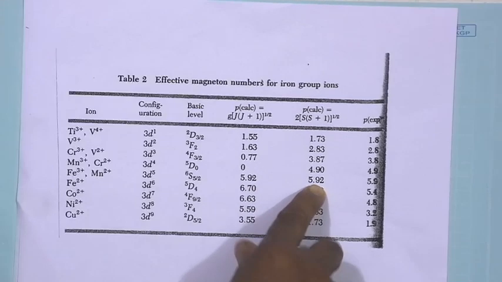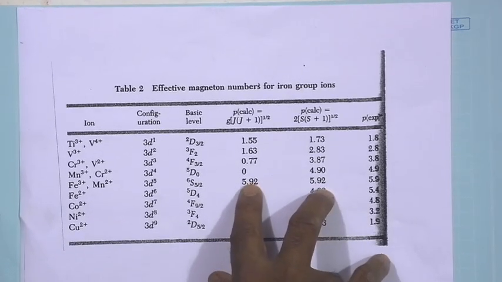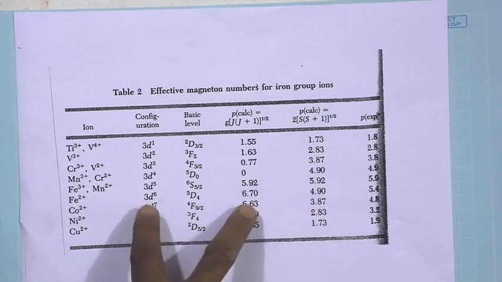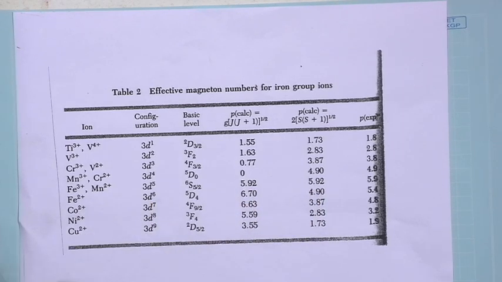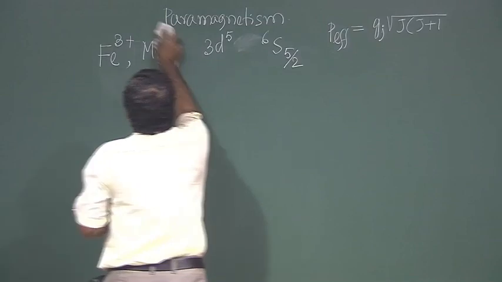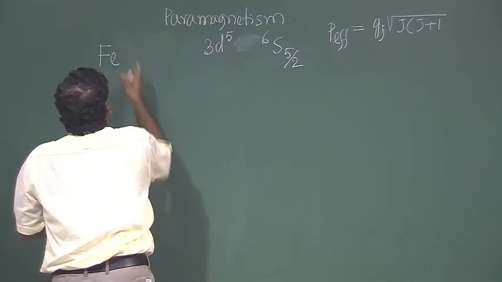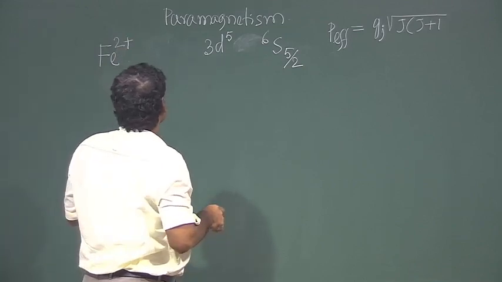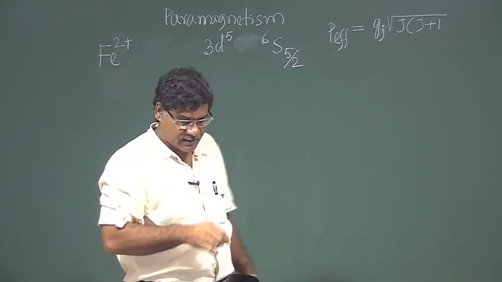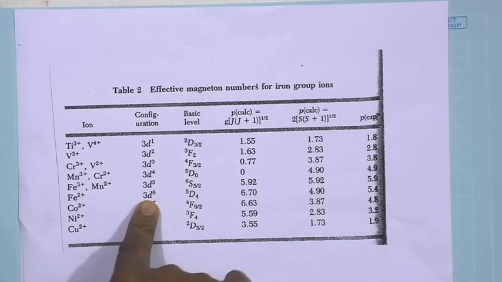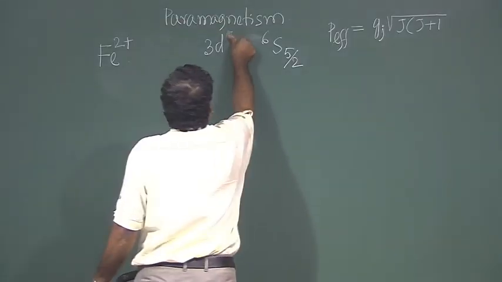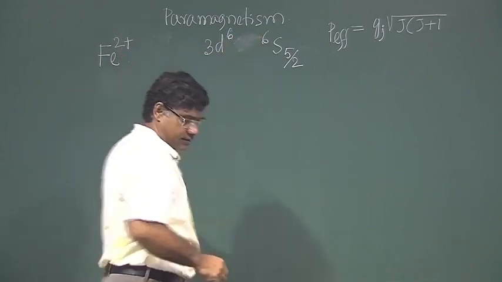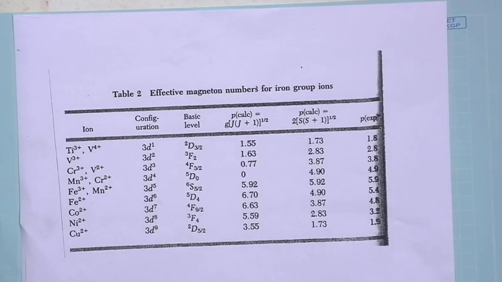So it will not be interesting in both cases, it is the same because L will be 0 in this case. Then let me take iron 2 plus. In this case, 3d6 electrons, so only the 4s2 electrons are ionized.